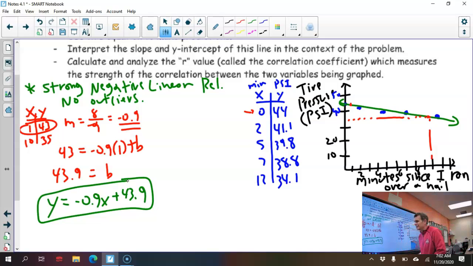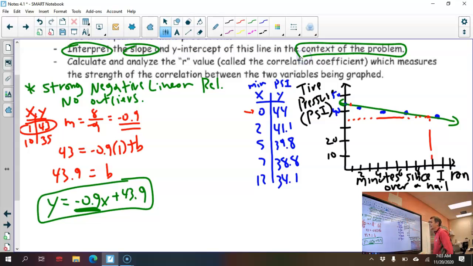Now, do you know what the numbers in that equation mean? We did this, I think, in chapter 2. Can't remember now. What does the negative 0.9 mean in this equation? One of the things I want to be able to do is interpret the slope in the context of the problem. Right? What does that negative 0.9 mean in the context of the problem? Well, here's what it means.